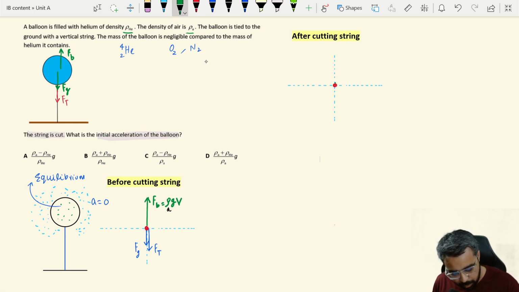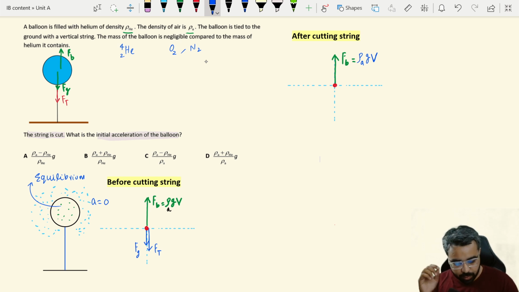I'm going to draw the same length of the vector, that is the buoyancy upthrust force applied by which fluid? The fluid in which we have placed the balloon. That's the density of air times g times the volume of the balloon. All right, so this is collectively a force applied by air on the balloon.